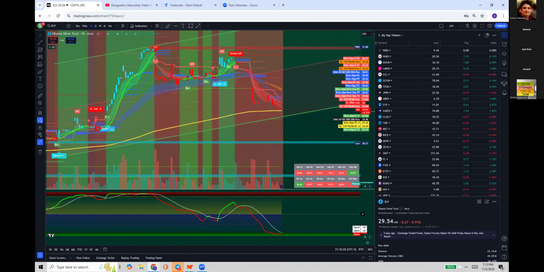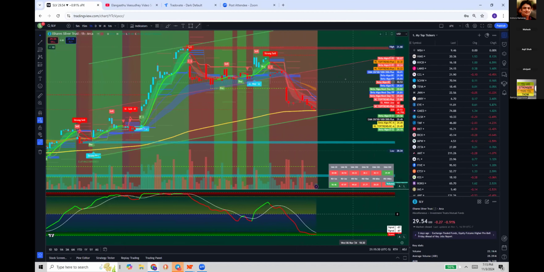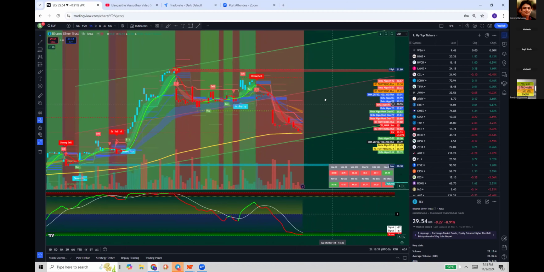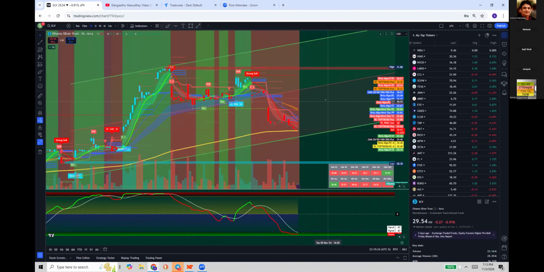Yeah, you can see the screen. I always see a difference in the price. When I see your screen and my screen, there is always a price difference.